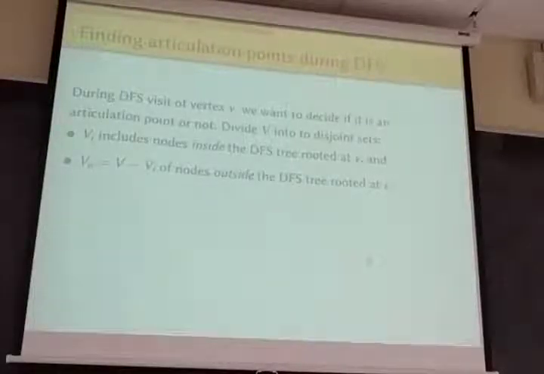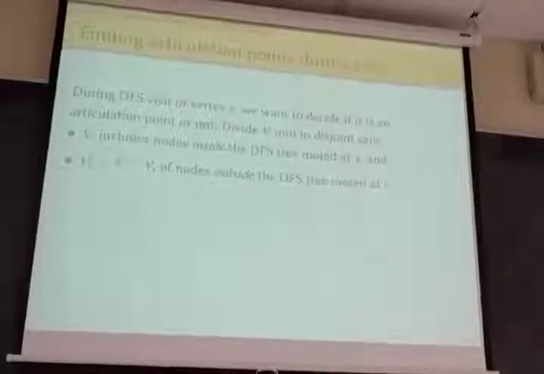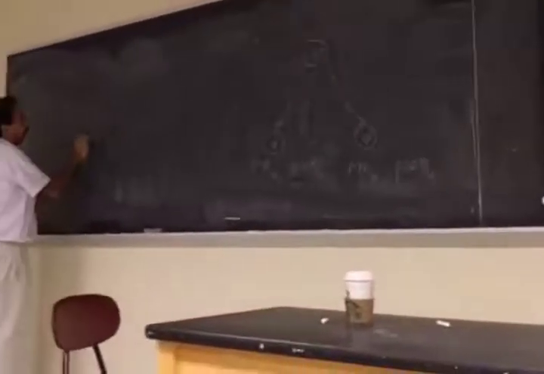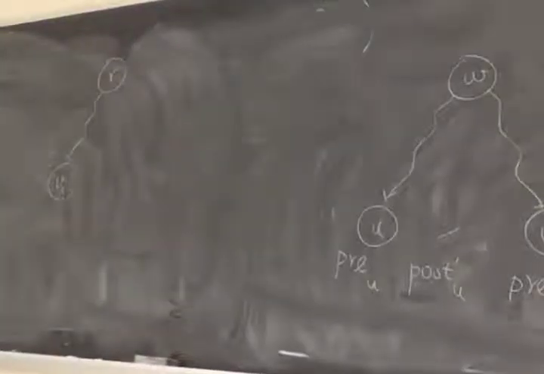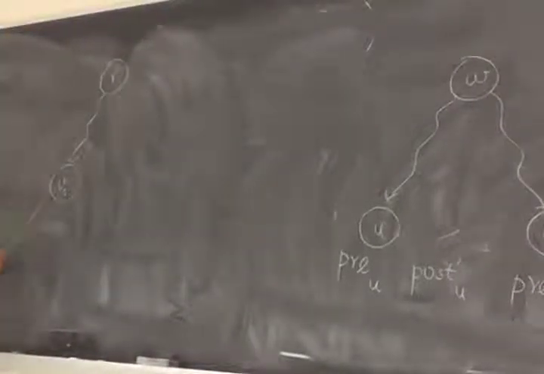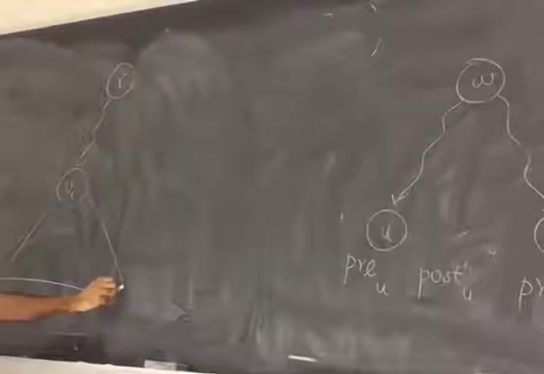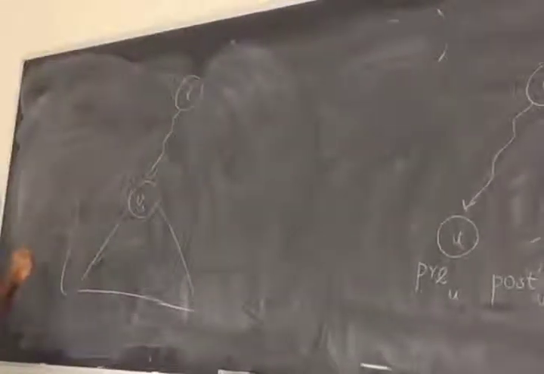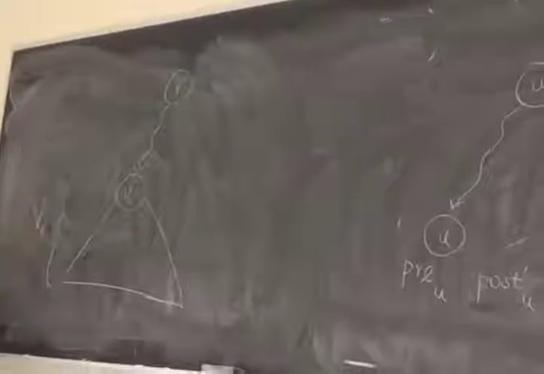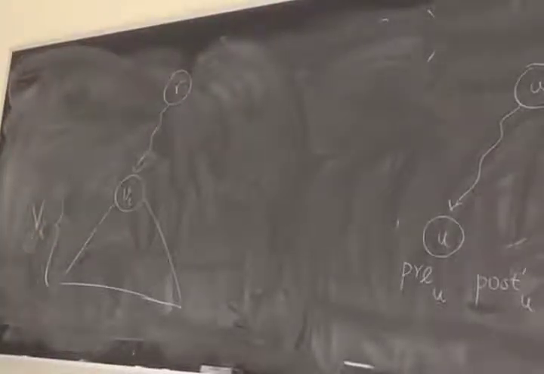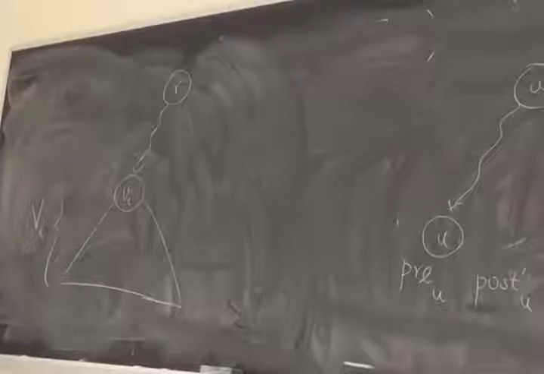In order to do this, we are going to do a DFS. Okay, so we are going to start from some R, and let's say we come to a vertex vi. Let's call the set of its descendants in the DFS tree the set Vi.